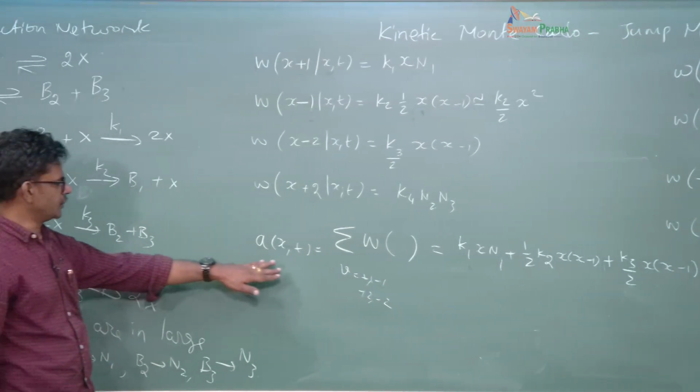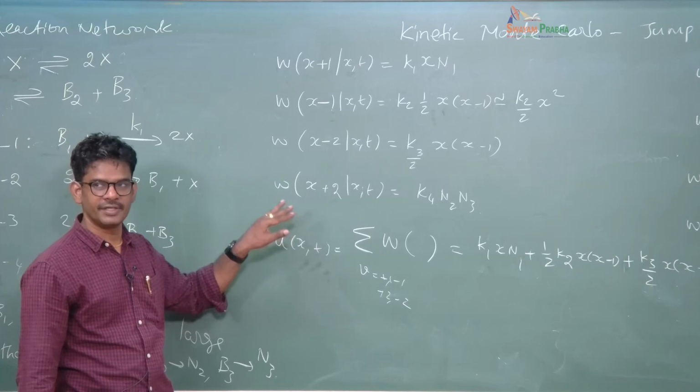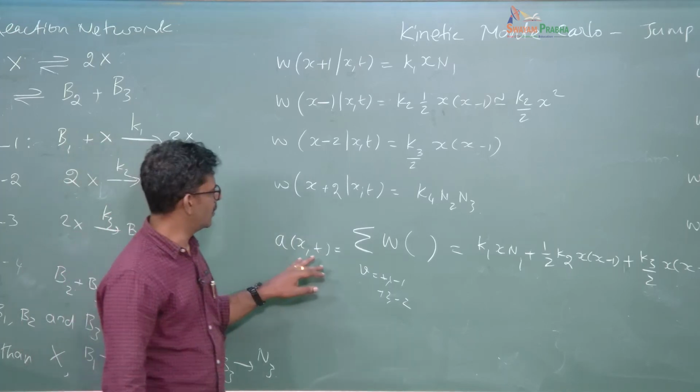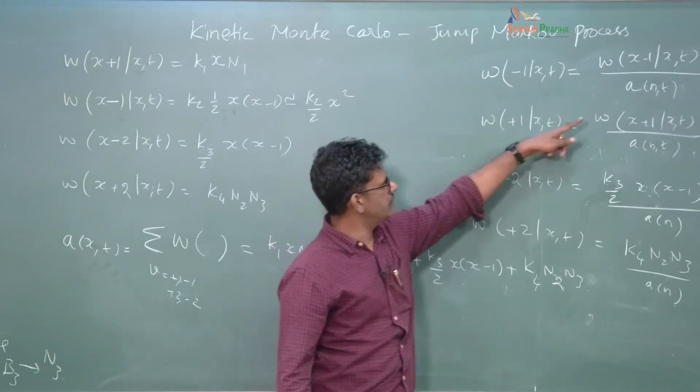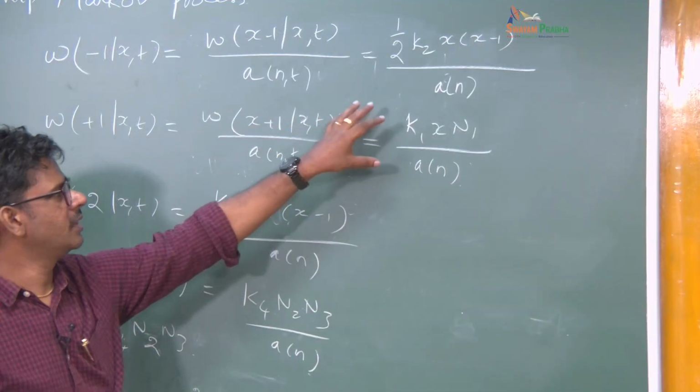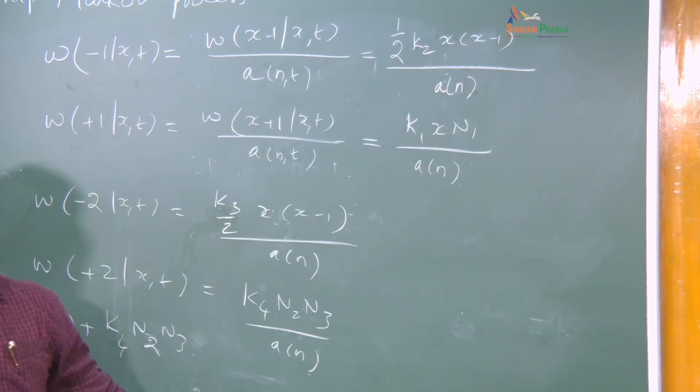Now, based on this function, you can sample the next jump time. Once you have updated the time, you can choose minus 1, plus 1, minus 2, plus 2 based on these ones. These are all going to be fractions. When you add up, you are going to get 1.